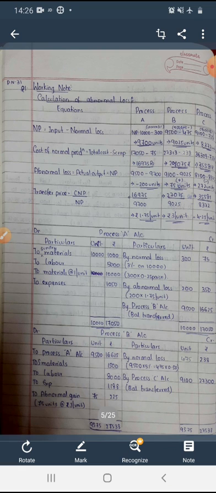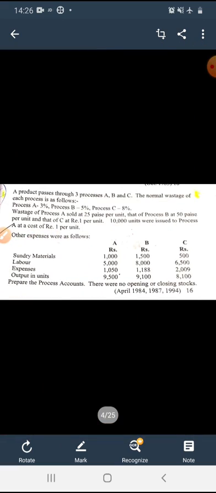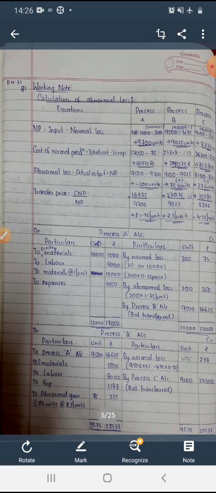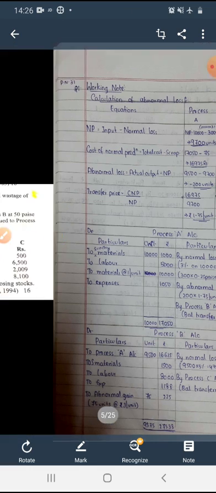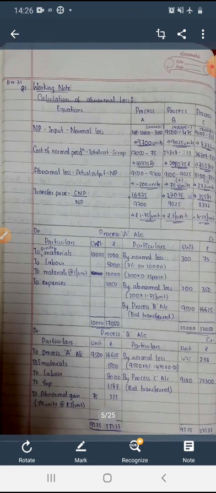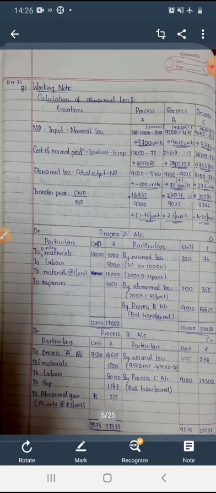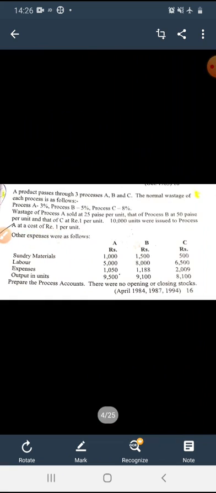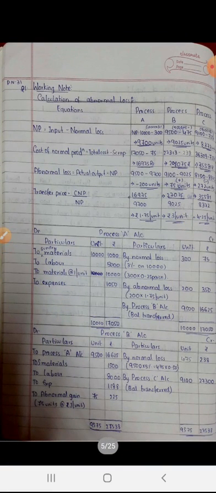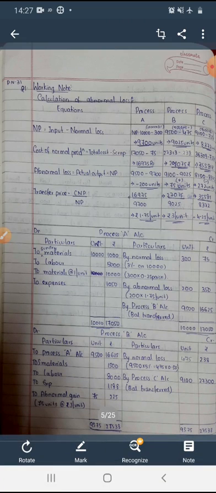10,000 units, okay? And all other things which are given in the problem. See, sundry materials 1,000, labor 5,000 and expenses 1,050, and the material at 1 per unit.